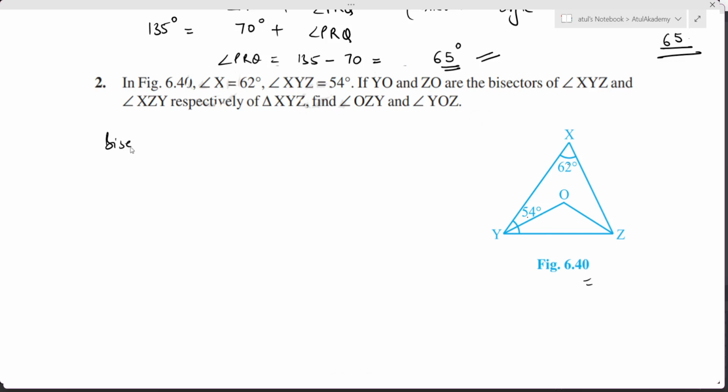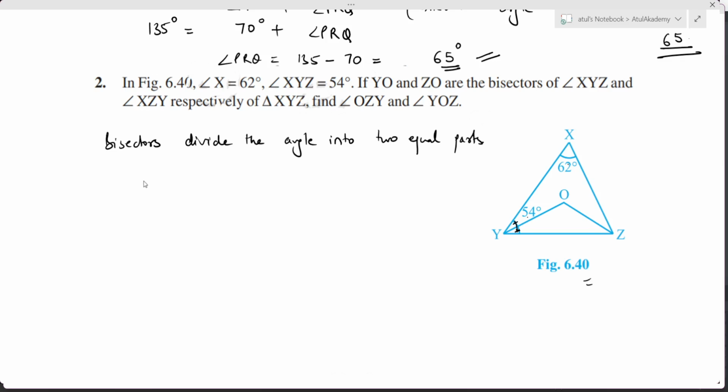So bisectors, what do they do? They divide the angle into two equal parts. It means if I say that XYZ is divided into two equal parts, so these two parts are equal.